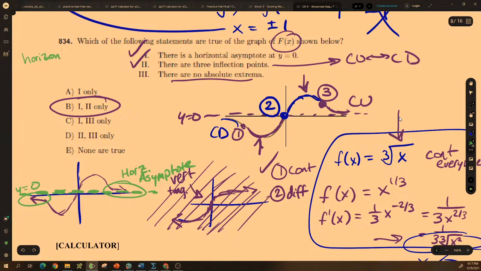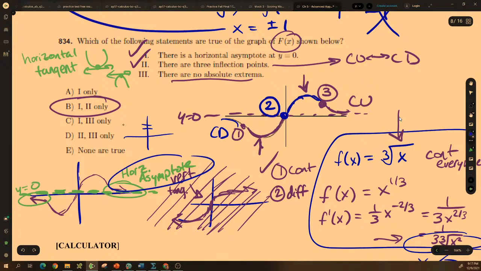A horizontal tangent is not the same as a horizontal asymptote. Right? A horizontal tangent is this guy or this guy, whereas a horizontal asymptote is, if I had a graph that goes out to 2, maybe does this, that would be way on the ends.